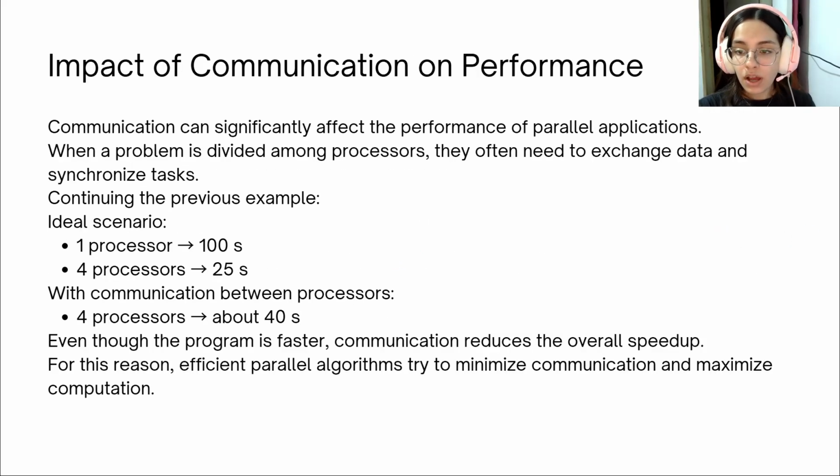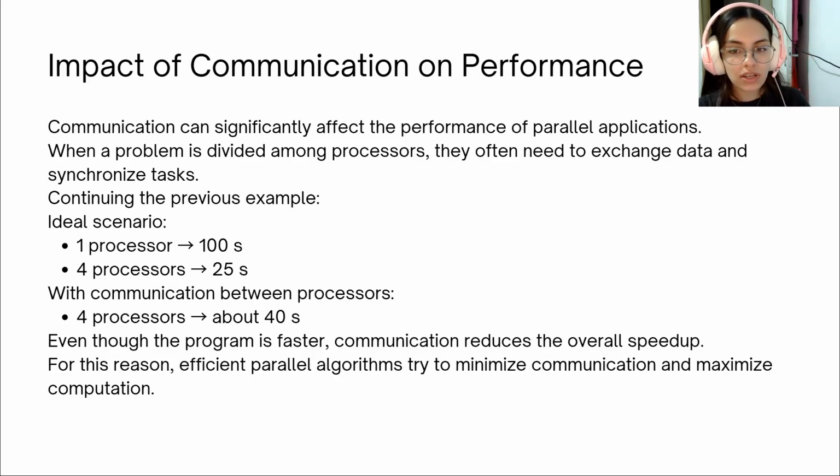Now, let's see the impact of communication on performance. Communication can have a significant impact on the performance of parallel applications. When a problem is divided among processors, they may need to exchange intermediate results and synchronize their work.